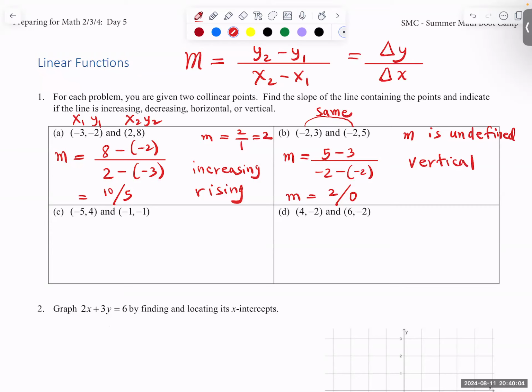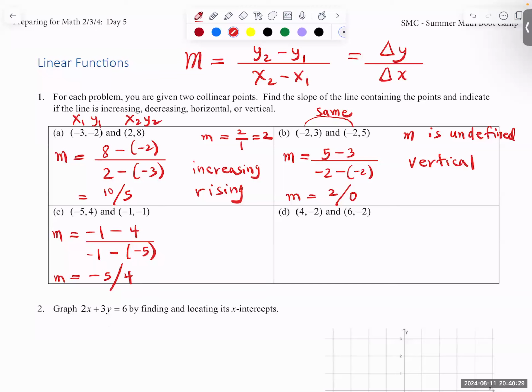Part C. The slope is y2 minus y1 is -1 subtract 4 divided by x2, -1 minus -5. So the slope is -5 divided by 4.